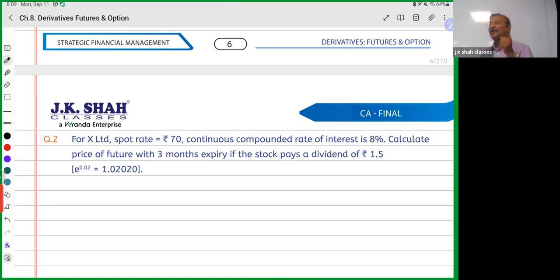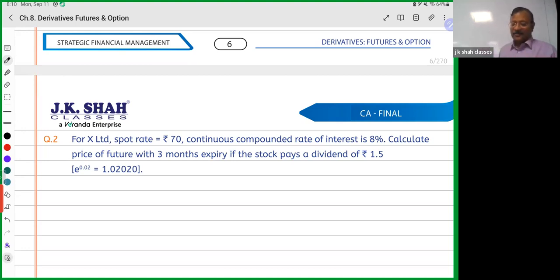Continuous compounded rate of interest is 8%. Right? CCRI. Calculate price of future with 3-month expiry if the stock pays a dividend of 1.5.